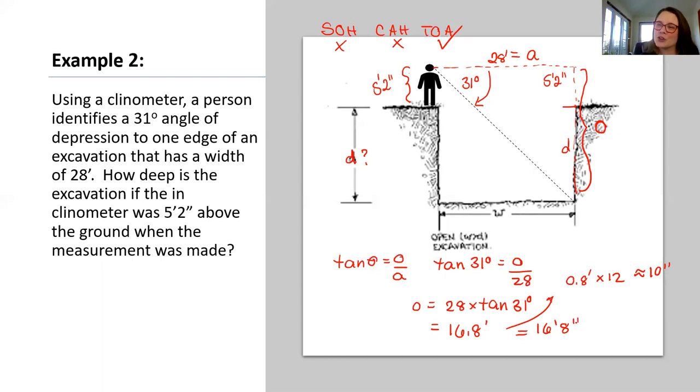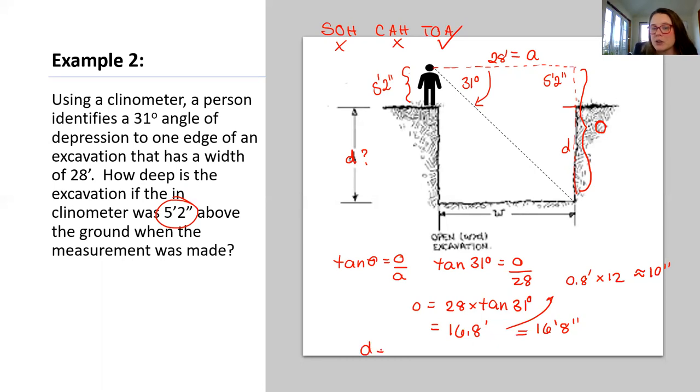Why did I convert that? Now, Sam, I can't ask you a question to do a feet and inches conversion like this. It just doesn't work well in Sam. But the reason I converted to feet and inches is because I'm told this person was holding the instrument 5 feet 2 inches above the ground. So I know that this whole height is 16 feet 8 inches. I need to subtract the person height to get the depth.